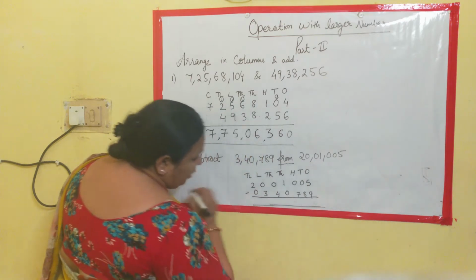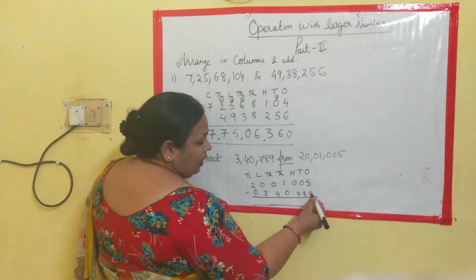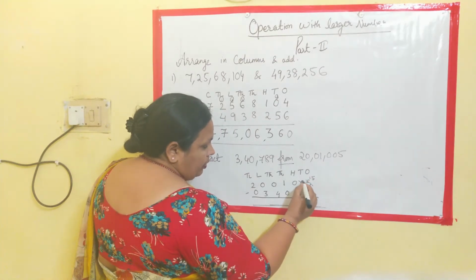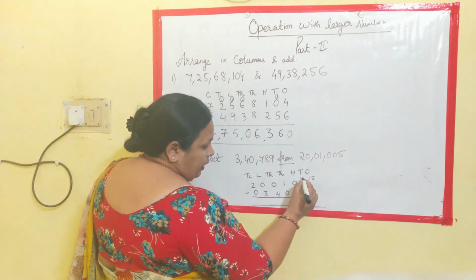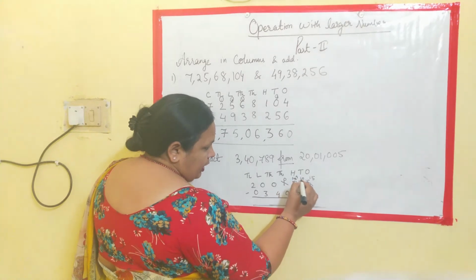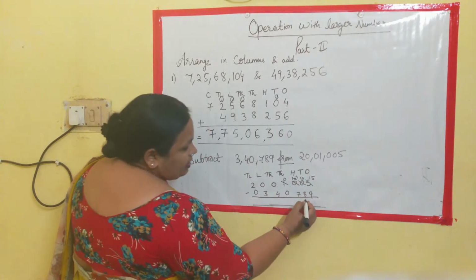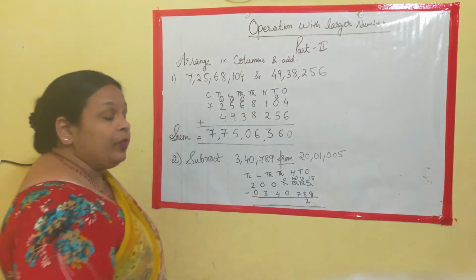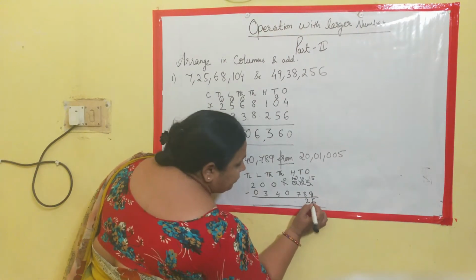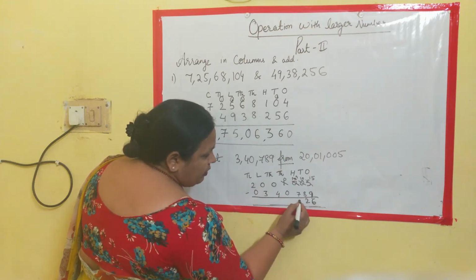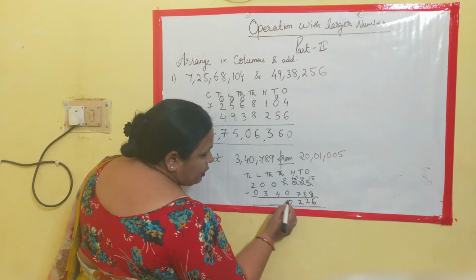Now to subtract from 5, 9 cannot be subtracted, so we ask for a borrow from the neighbor number, which has one number less, so it becomes 10. This is 10, this becomes 0. Again forwarding, this is 9, let it be 10. 10 minus 8 is 2. 15 minus 9 is how much? It is 6. Then 10 minus 8 is 2. 9 minus 7 is 2. 0 minus 0 is 0.